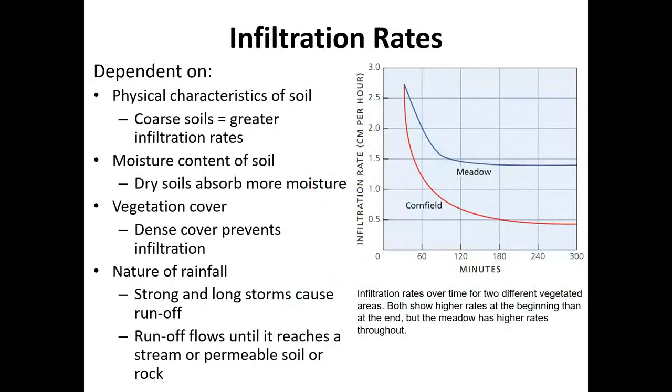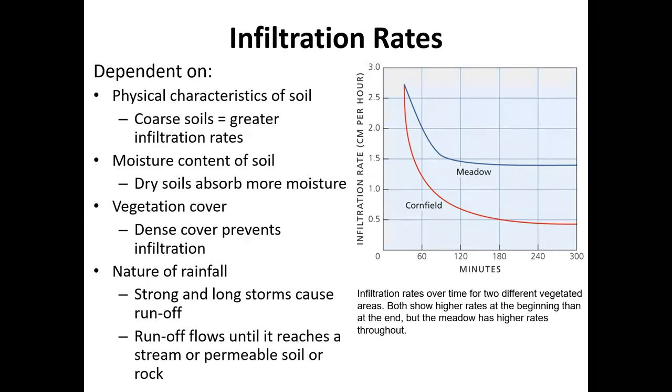So different kinds of surfaces have different kinds of infiltration rates. More vegetation usually will absorb more water. This picture shows a meadow versus a cornfield, and a meadow will absorb more water than a cornfield will. And if rain comes down relatively slowly and steadily, more of that water is likely to be absorbed into the ground.